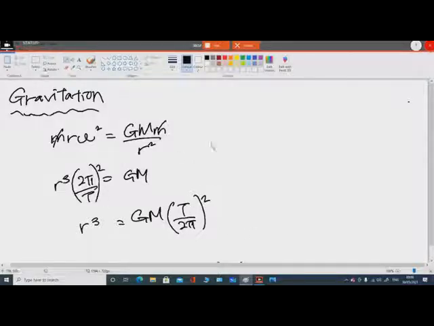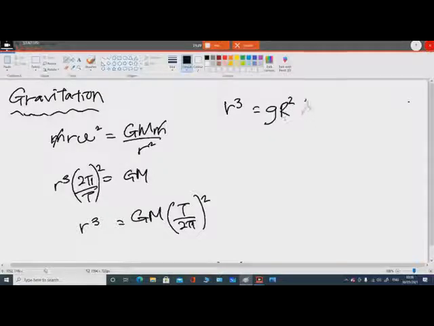Okay, from GM, we know that GM is actually equal to g r square.